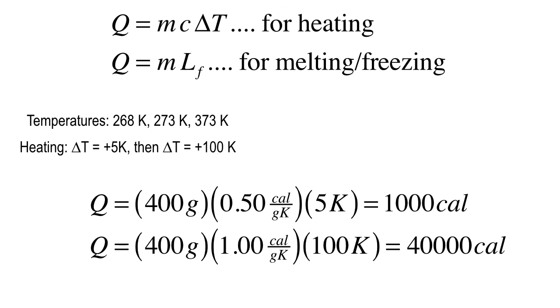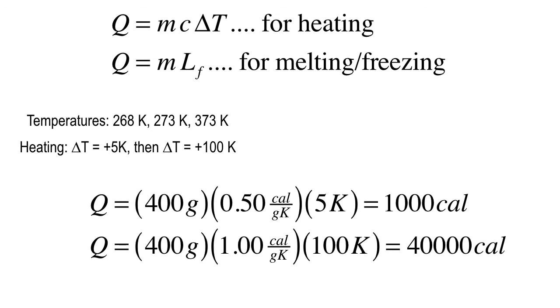Notice that I have a much bigger delta T, 20 times bigger, and a bigger specific heat, because remember, the specific heat for liquid water is 1.00 calories per gram Kelvin. So the total is 40,000. Between those two, I have 41,000.